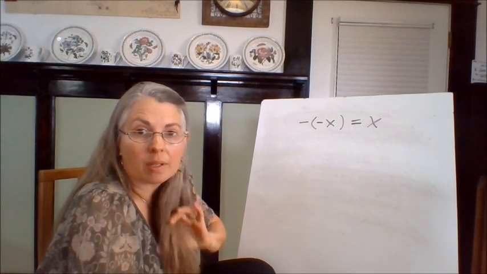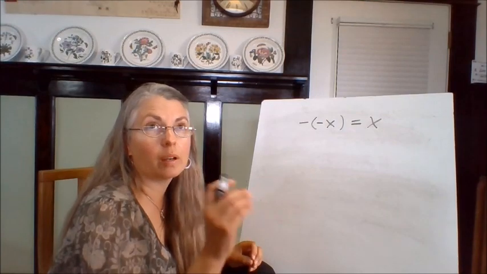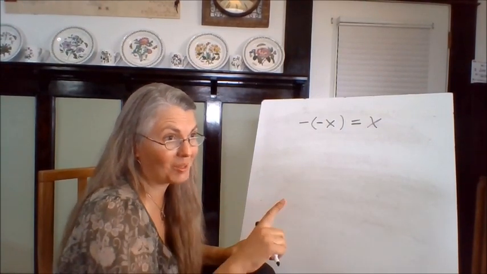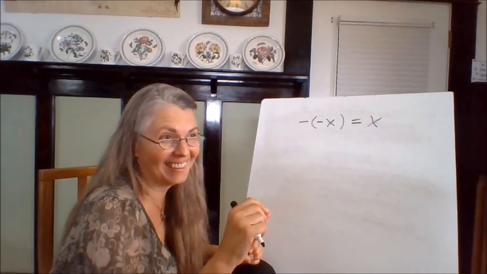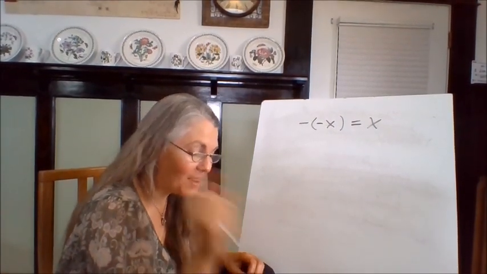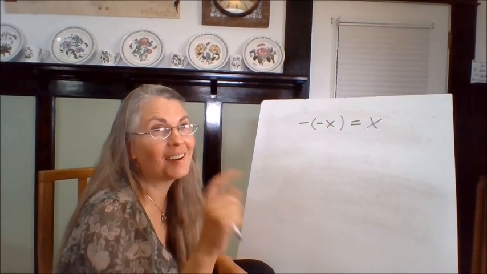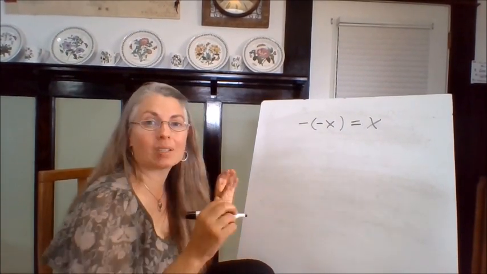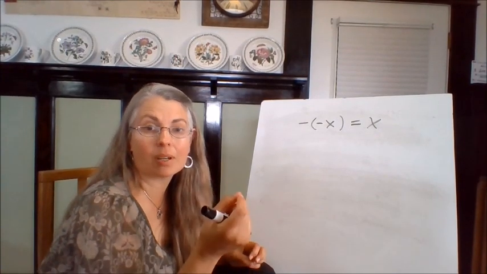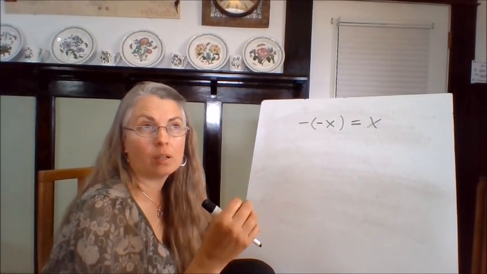Another way to use letters to represent numbers is if the letter represents a specific number that you might not know, but you might want to solve, you might want to find out.